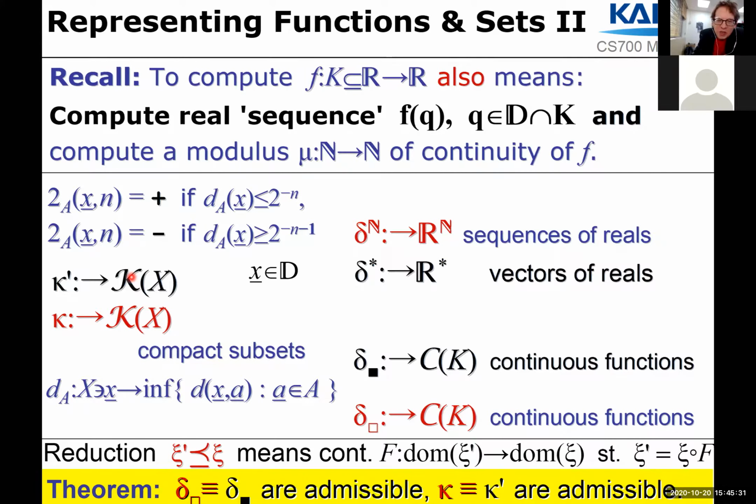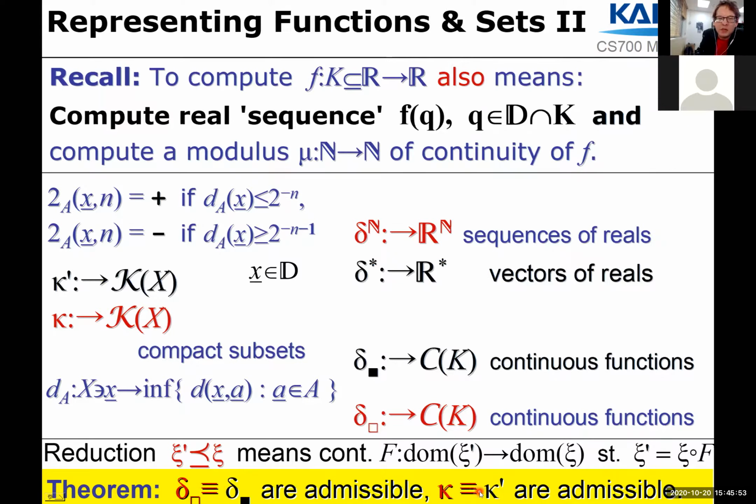it is true. The theorem says that the two representations for the space of continuous functions are reducible one to the other continuously; they are computably and continuously equivalent.